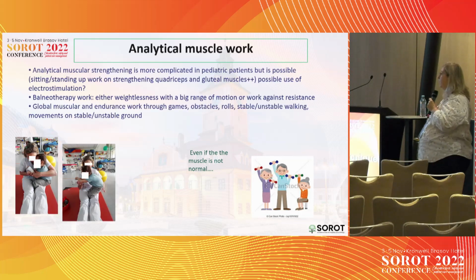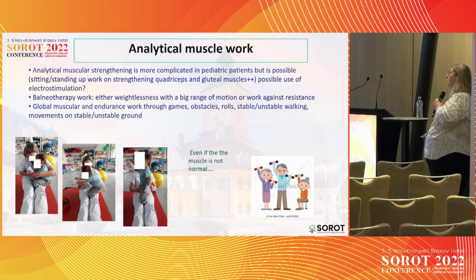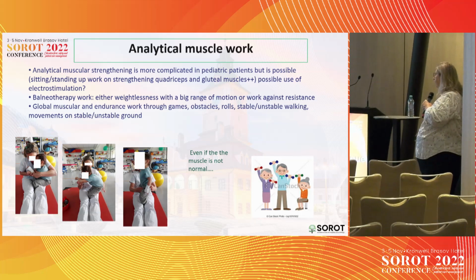So you can use analytical muscle work, even if it's difficult, even if the muscles are not normal, really analytical, like in this, where we are working on the quadriceps. And you can use balneotherapy. You can use global muscular and endurance work through games, through sports, etc. And you have to use it even in aging.